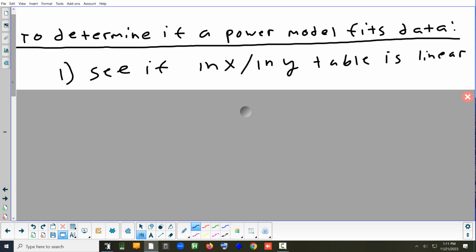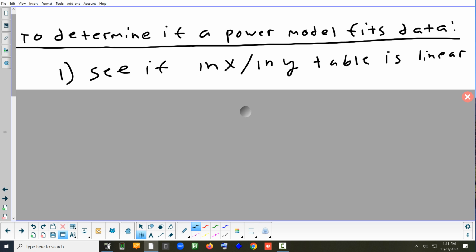So the natural log is the tool that you use to figure out if a power model fits your data. If you take the natural log of all your points and then you graph them and they don't look like they're in a straight line, well then we're done. That means a power model is not the right tool to use.